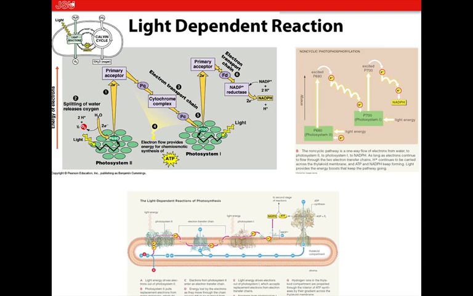When those electrons are boosted in energy in photosystem 2, they're going to move away from photosystem 2. Because they move away, we need a source of electrons to replenish them. And that's where water comes in, because water is going to be a source of electrons for this process.